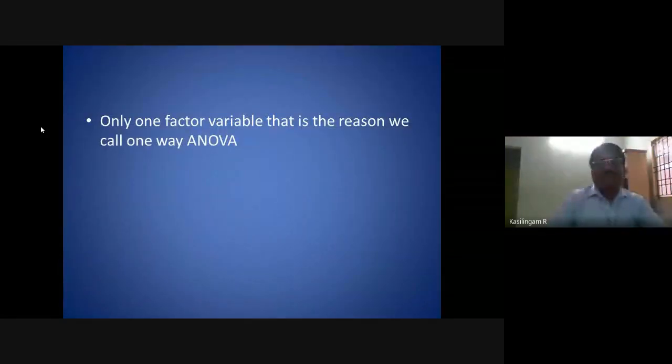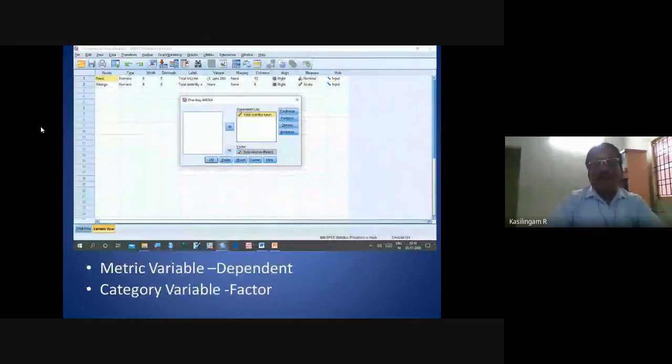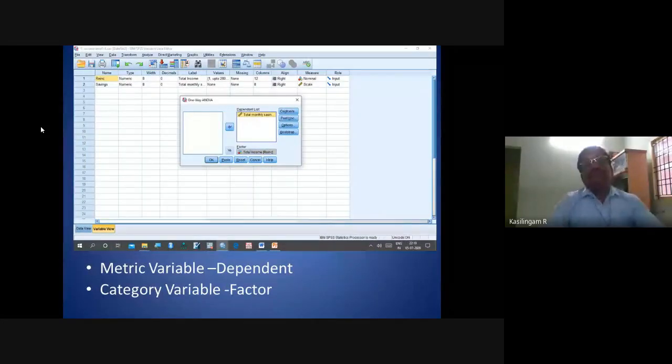So now we call this a one-way ANOVA, because if you see the factor window, that is small. Why is it small?